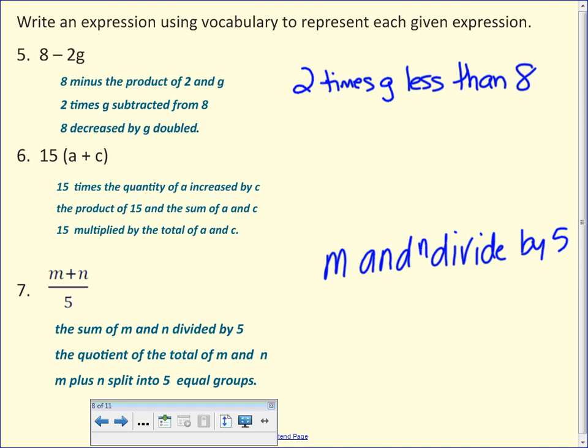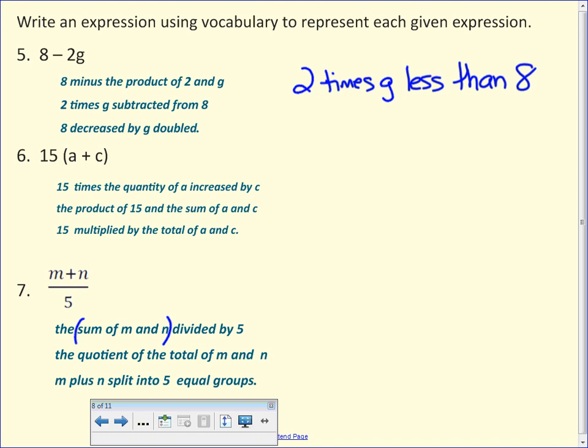No, but it can be read as the sum of m and n divided by 5. Instead of, well, the sum of m and n, so you want the sum of those divided by 5. Okay, the sum of blank and blank. You need 2 numbers to have the sum. Okay, so the sum of those 2 and then divided by 5. All right? Try the next 3.